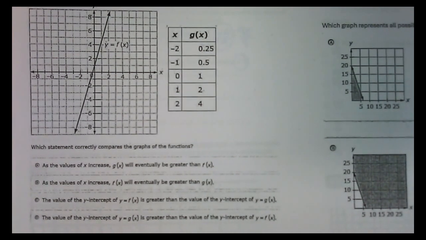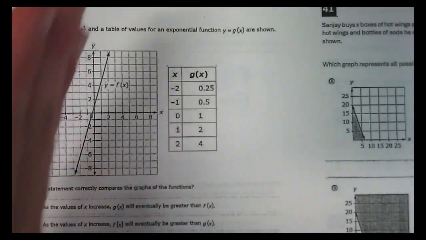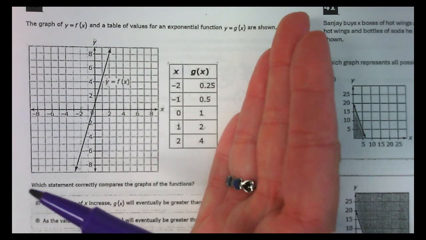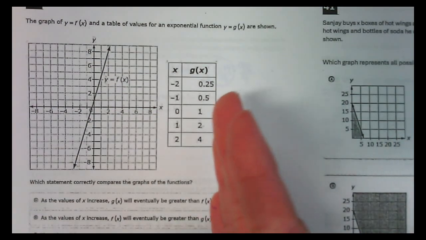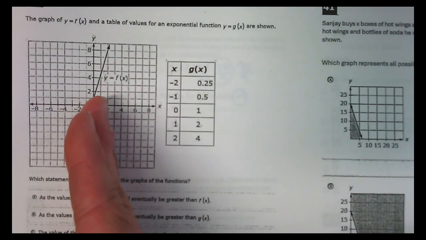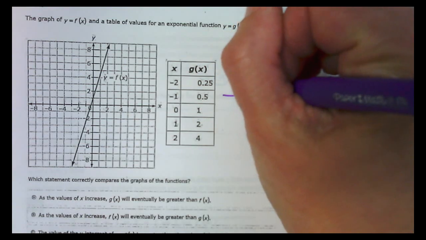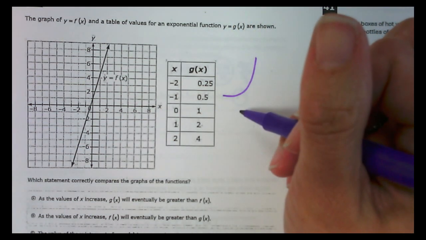we need to understand that one of the big differences between linear functions and exponential functions is that exponential functions will always eventually be greater than the linear function because exponential functions increase at a steeper rate than linear functions do.